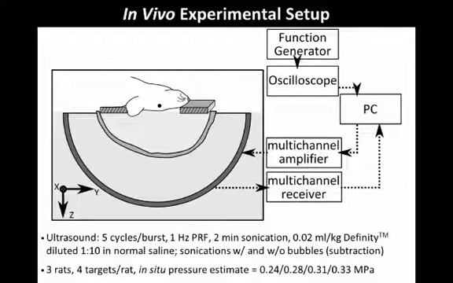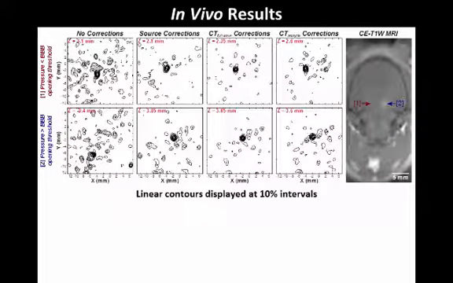We tested this in animals, in rats, and in this case we used a 5 cycle burst, repeated once a second, and this was 2 minutes of sonication, which is a typical length for our blood-brain barrier opening. We used 3 rats and 4 targets per rat, and these are the images you can see.